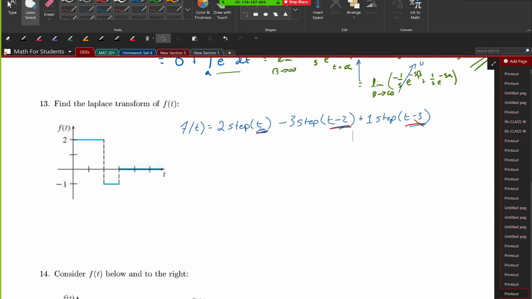Okay, folks, so the question is how do we do the Laplace transform of this discontinuous function? Well, I shouldn't say highly, that's a loaded word in math.